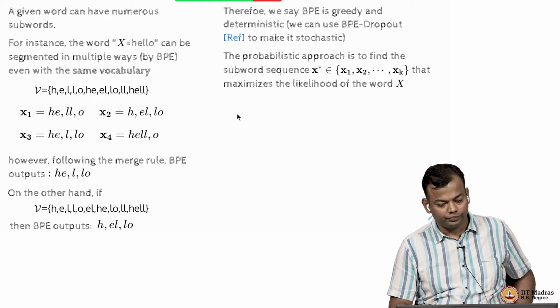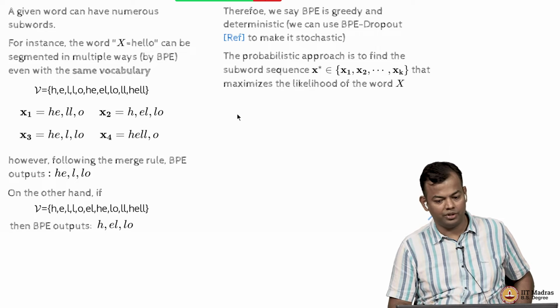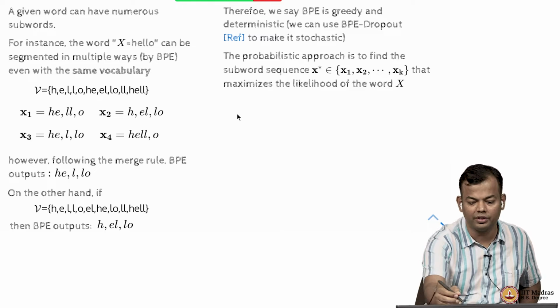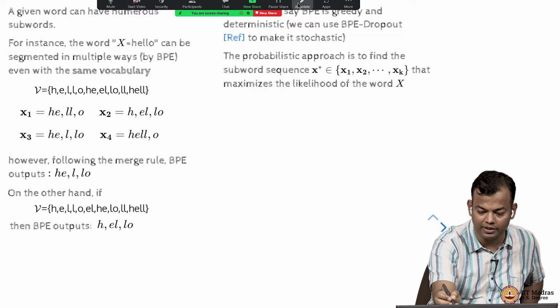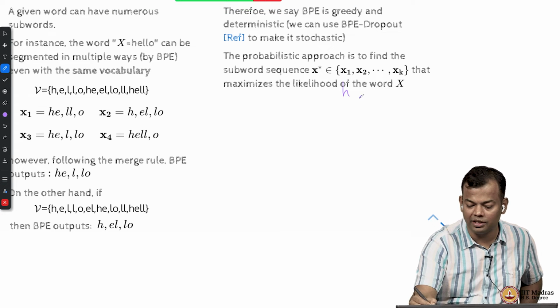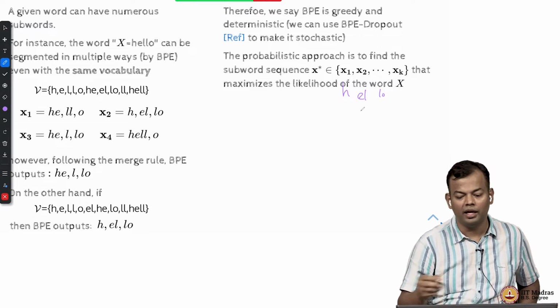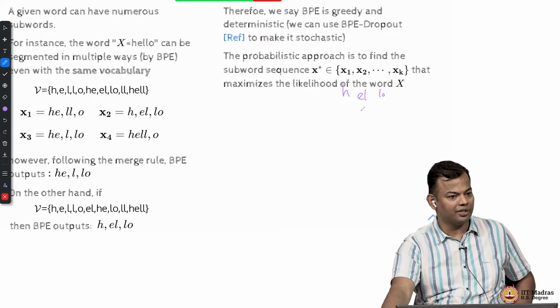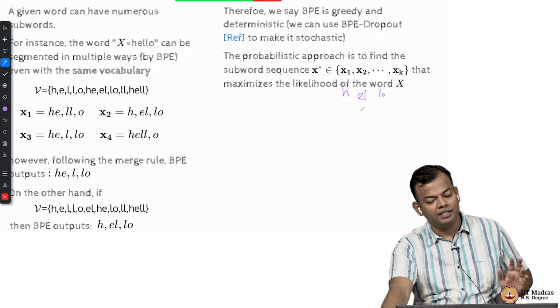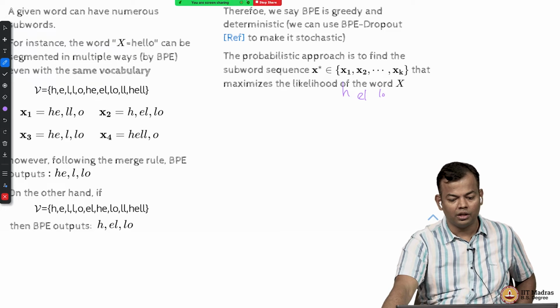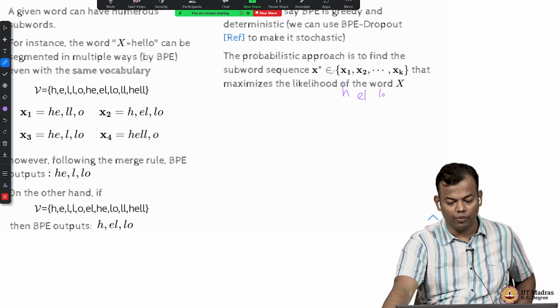Now, the probabilistic approach is that you have a sequence of subwords, this is H, E, L, L, O, and you want a segmentation that maximizes the likelihood of the word X. What does that mean?